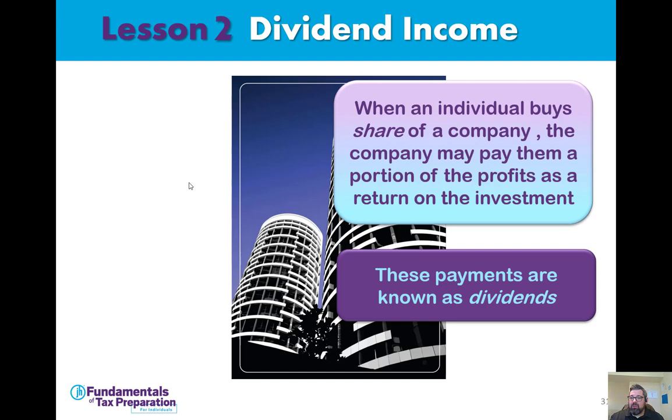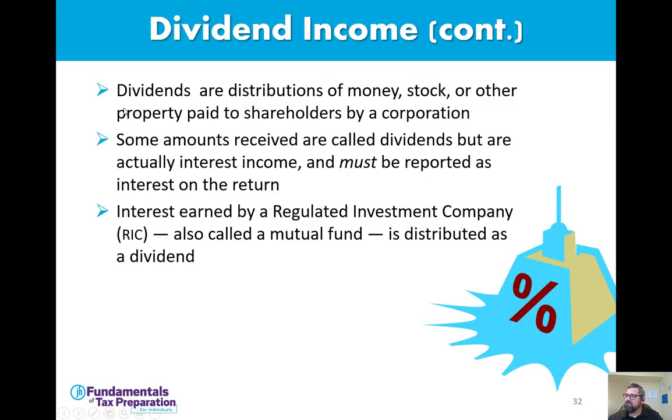So now we're looking at dividends. You guys are probably not going to see much in the realm of dividend income. It's just not something that a lot of our clients have, but we will go over it briefly here. Dividends are distributions on some type of investment.